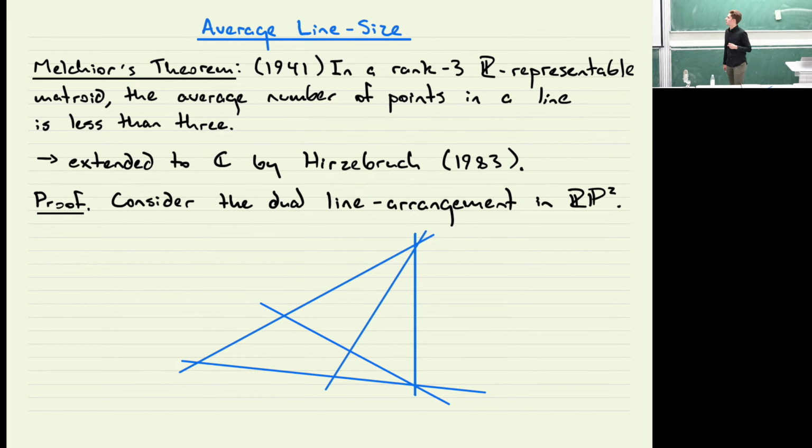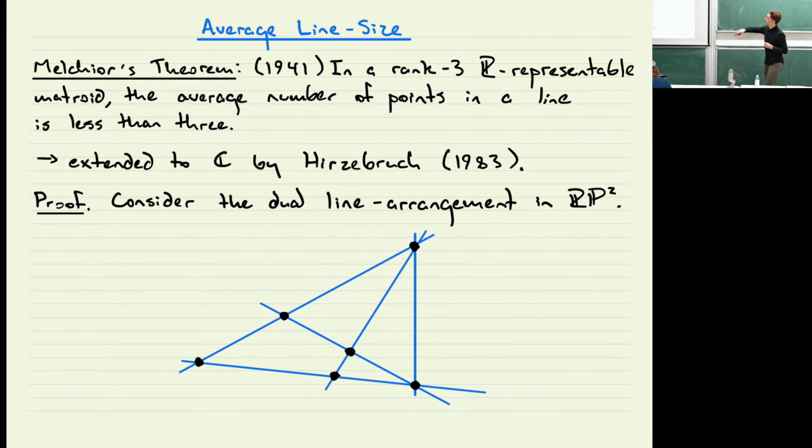This is just a small example here. But in the dual setting, what we need to show is that, looking at these intersection points in the arrangement, the average number of lines to which these intersection points are incident is less than 3.